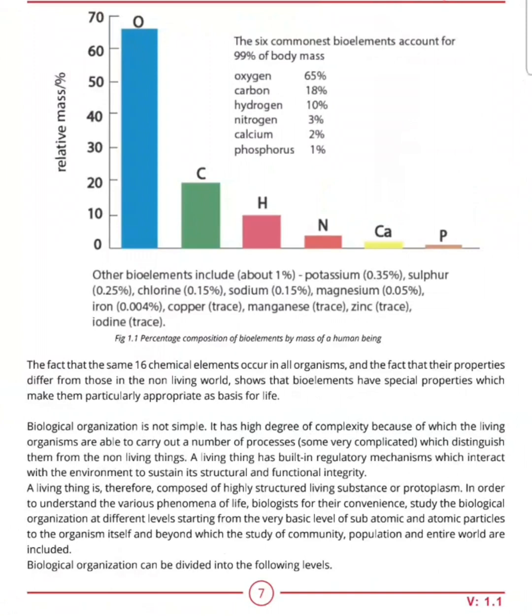Among those elements, potassium is 0.35%, sulfur is 0.25%, chlorine 0.15%, sodium 0.15%, magnesium 0.05%, iron 0.004%, copper trace, it means in very small amount, manganese trace, zinc trace and iodine trace.